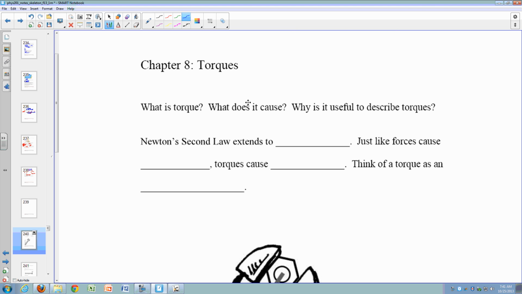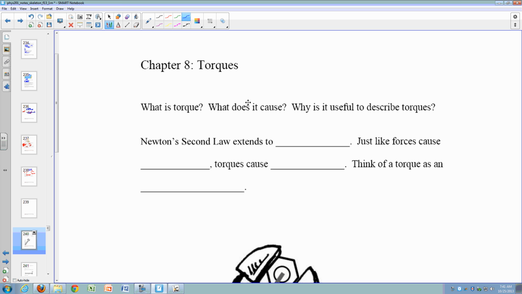So what is a torque? When I say torque, what do you think of? Cars? Oh yeah, they have engine torque. That's because they have a rotating axle that comes out, or a rotating shaft, and so you have a certain force exerted over a certain moment arm or a radius.